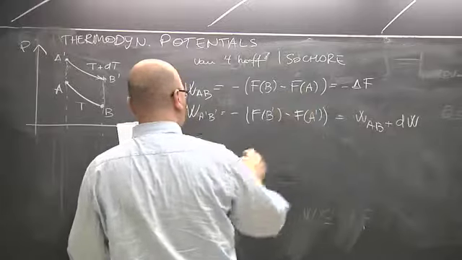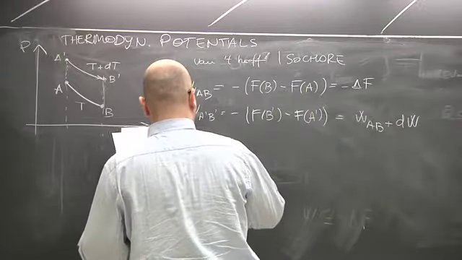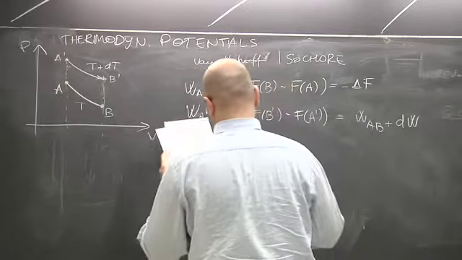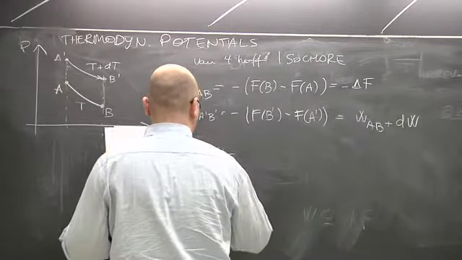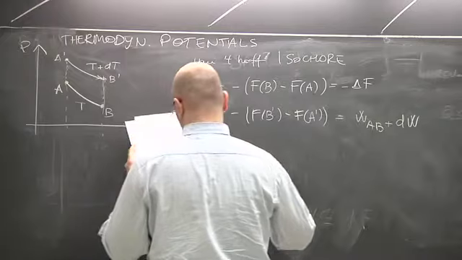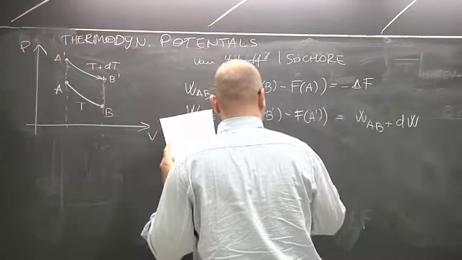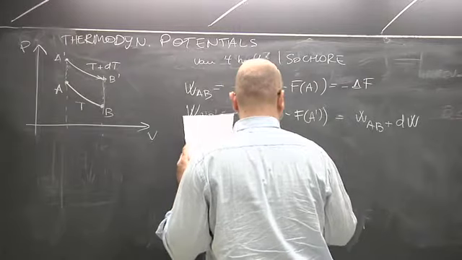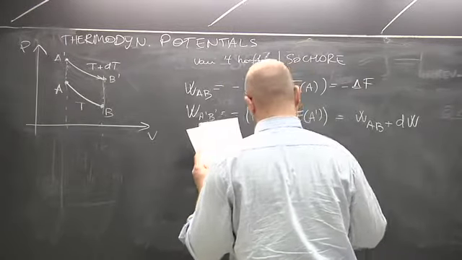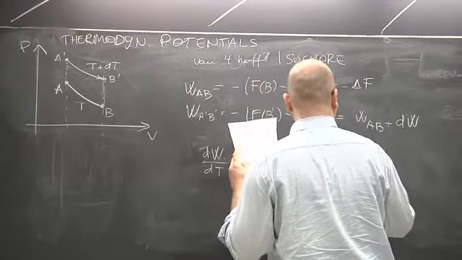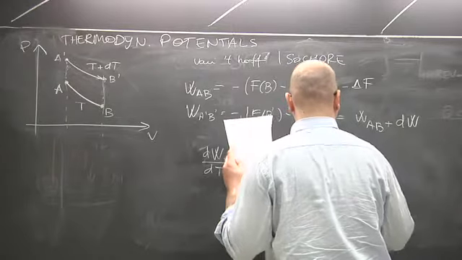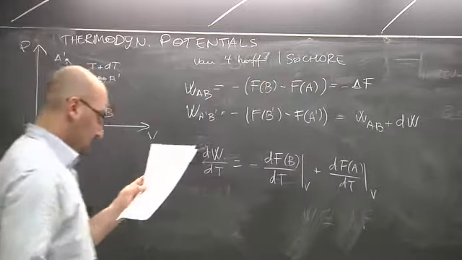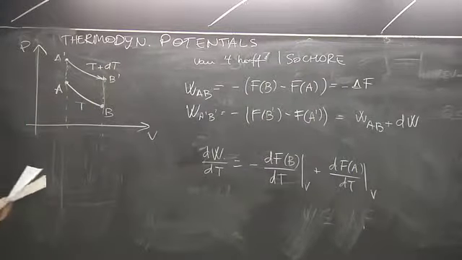And by taking the differences, we say that dW by dT is equal to minus dF of B by dT at constant volume plus dF of A by dT at constant volume.